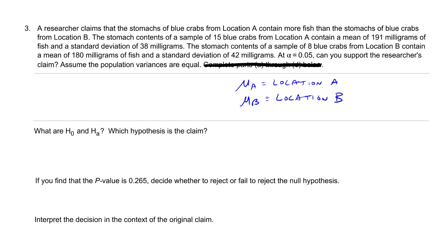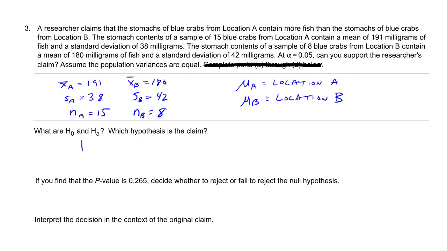All right, so the mean stomach content in A, they said, was 191, and with a standard deviation of 38, and that had a sample size, we'll say NA is 15. You could have called these 1 and 2, I just called them A and B. And the mean for B was 180, and standard deviation of 42, and the size of the sample there was 8, and let's see what we have.